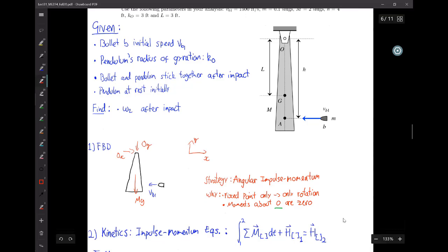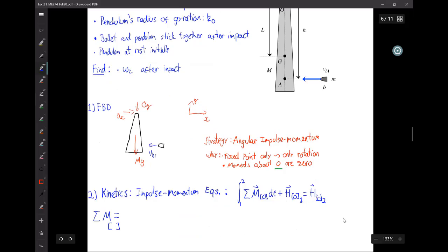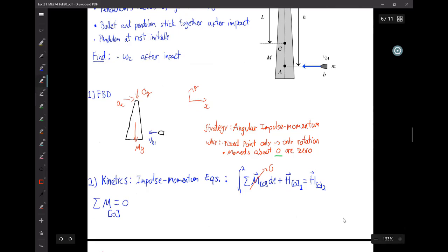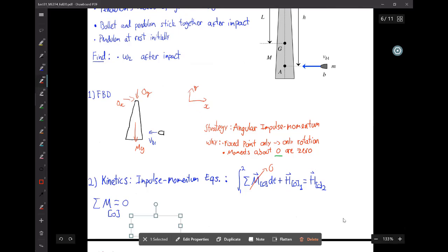So we can choose O in our angular impulse momentum equation. And that is a good choice because then we have zero here, and if we have zero in the moments, then the impulse part is zero. It's always useful. Some people like it, but we don't want to calculate the integral.